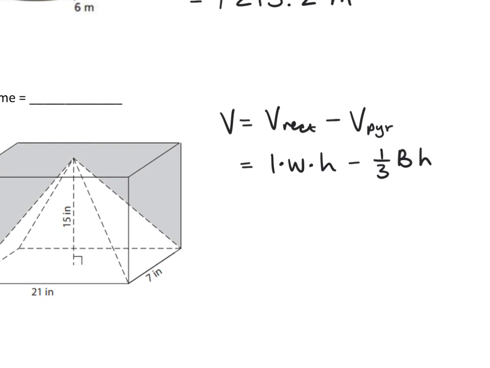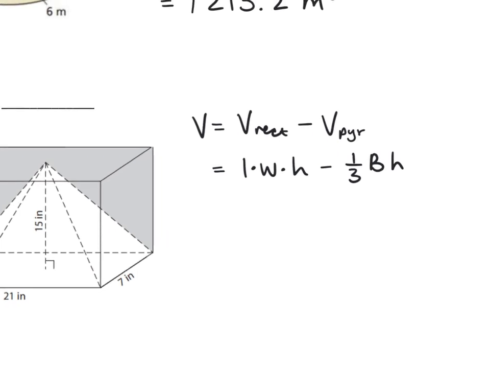Oh, it's a bottom. Yeah, the base. 4 sides, which means it's a rectangle. So again, we can change this formula from big B times H to the rectangle formula, length times width times height.